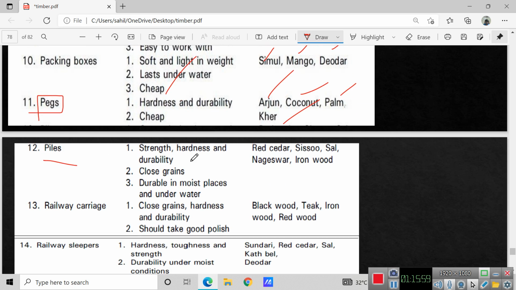For piles: strength, hardness and durability, close grains. Red kedar, siso, sal, nageshwar, ironwood, etc. Now, railway carriages: close grains, hardness and durability must be there, should take good polish. Blackwood, teak, ironwood, redwood, etc.